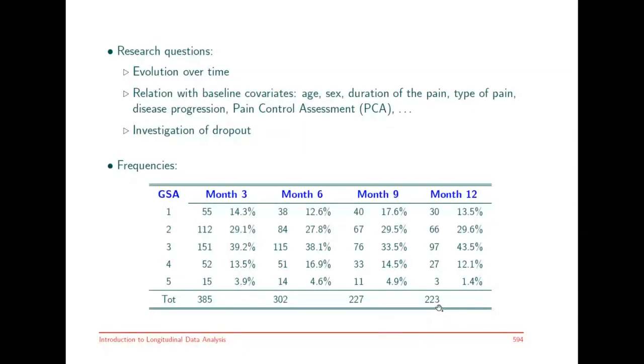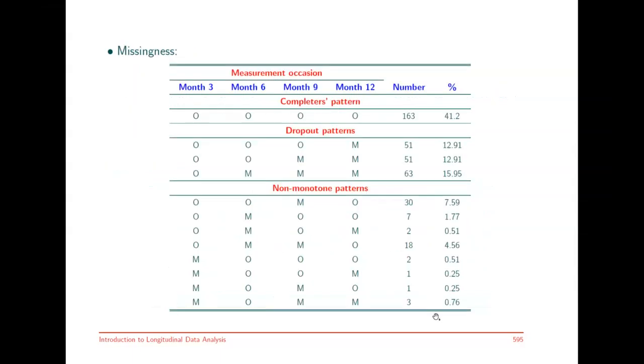At the final time, only 223 are left, 40%, less than half. And we see that very clearly in the patterns. It's more severe than in the ARMD dataset, in the ophthalmology dataset. Only 40% completers, another 40% more or less drop out, and then you still have 20% of intermittent missingness.